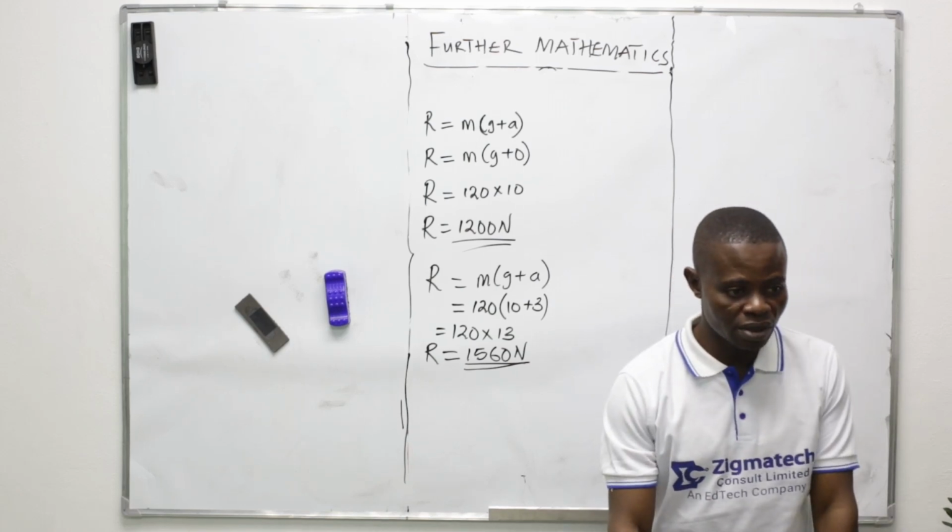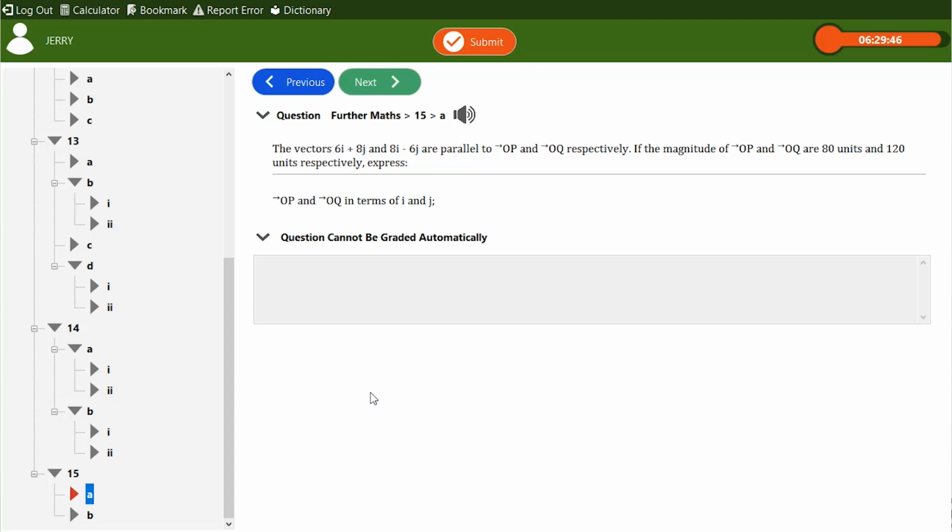The next question, and this is vectors. The vectors 6i plus aj and 8i minus ej are parallel to OP and OQ, respectively. If the magnitudes of OP and OQ are 80 units and 120 units, respectively, express OP and OQ in terms of i and j.